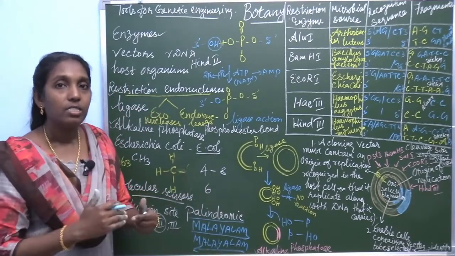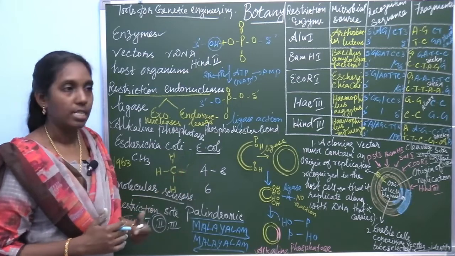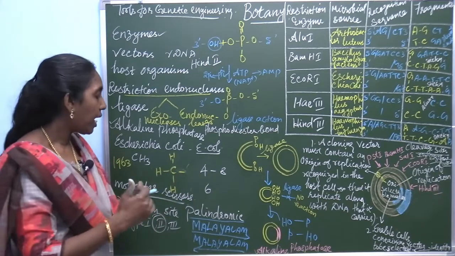So, the recognition site of this DNA sequence is known as palindromic.